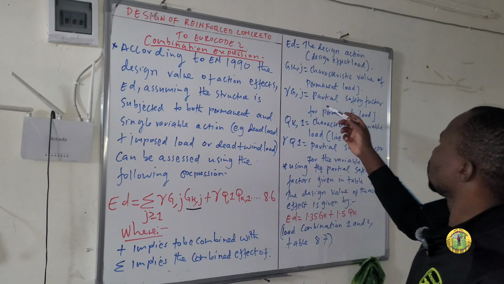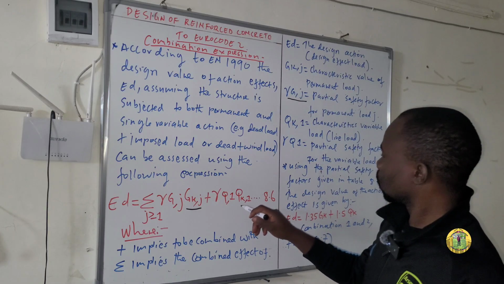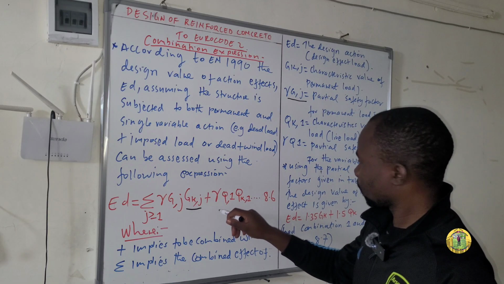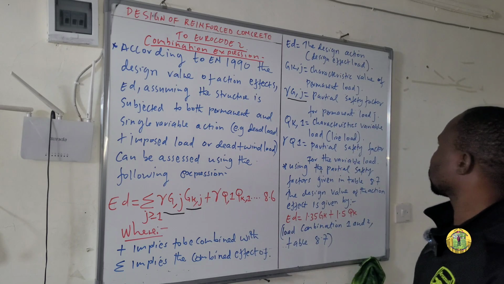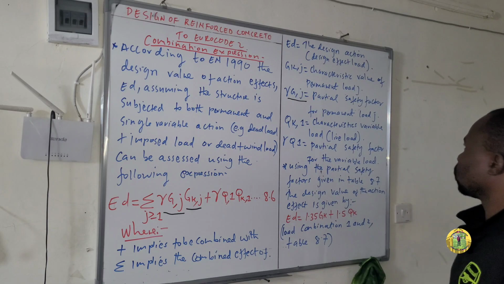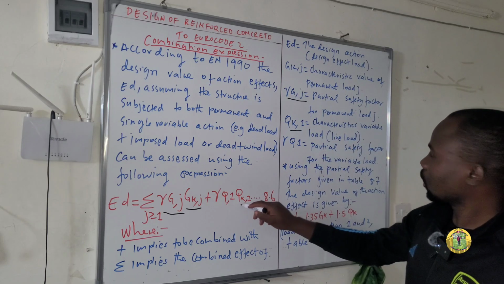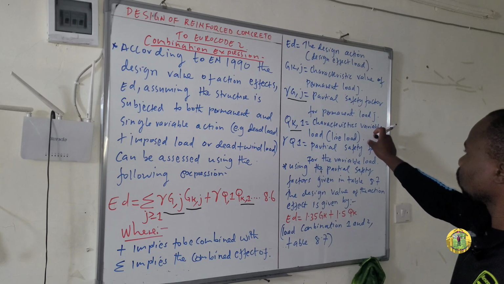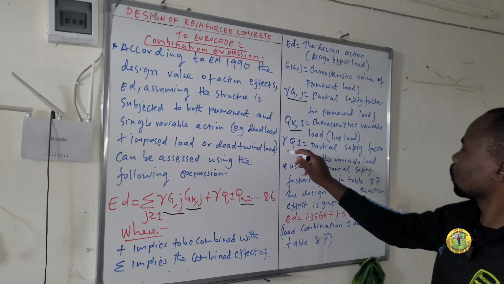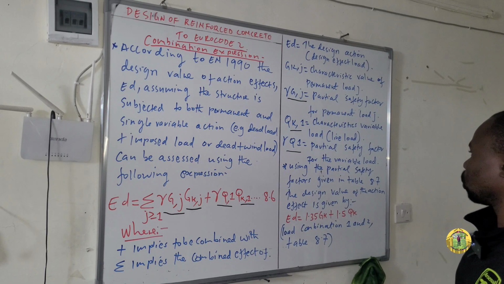Then we have this one here, which is the partial safety factor for a permanent load j, and it is probably 1.35. Then we have Qk1, which is the characteristic variable load or live load. And this one is the partial safety factor for the variable load.